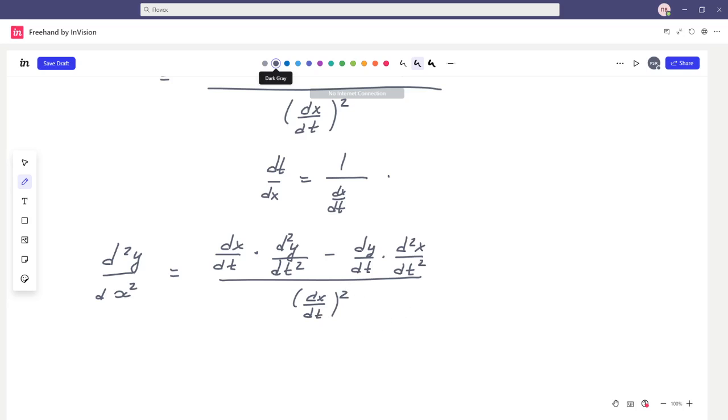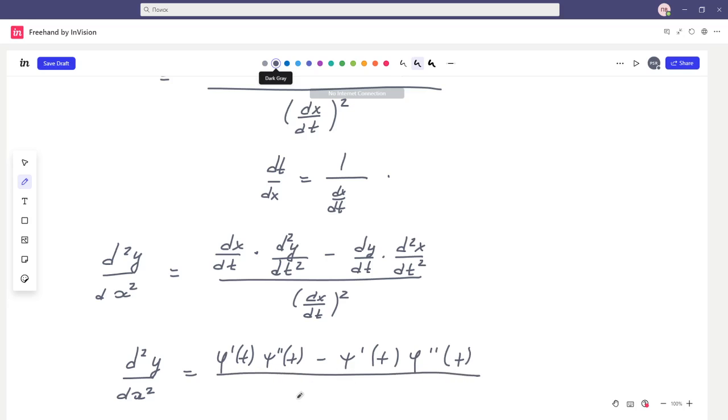This formula may be written in more compact form as follows. The second derivative of y with respect to x equals phi prime of t psi double prime of t minus psi prime of t phi double prime of t over phi prime of t cubed.